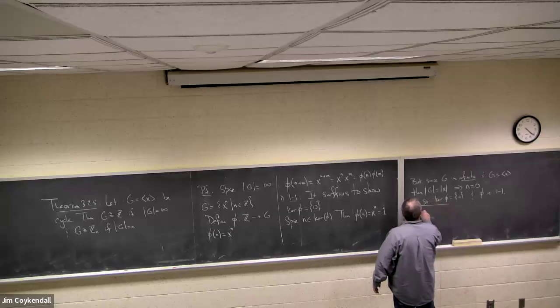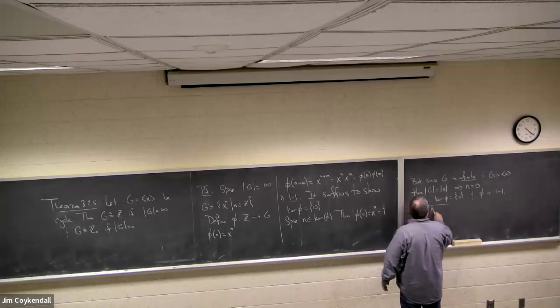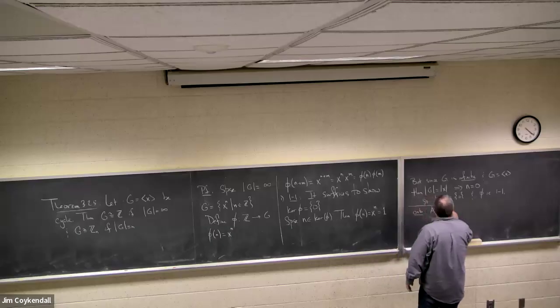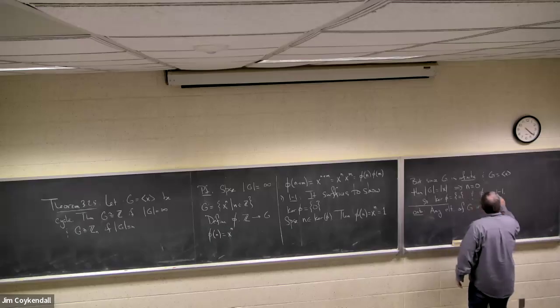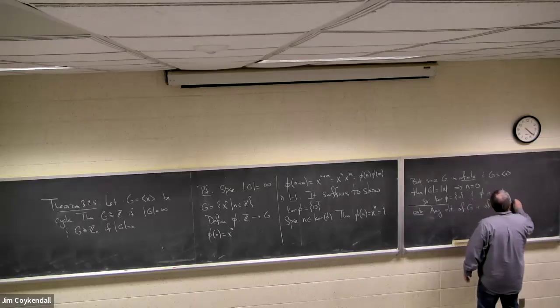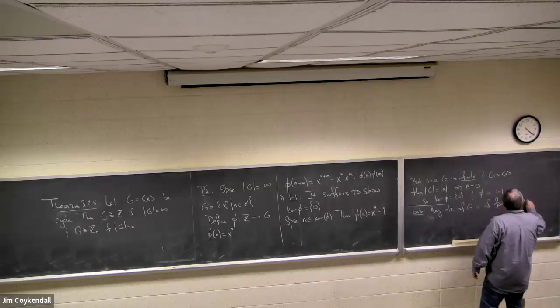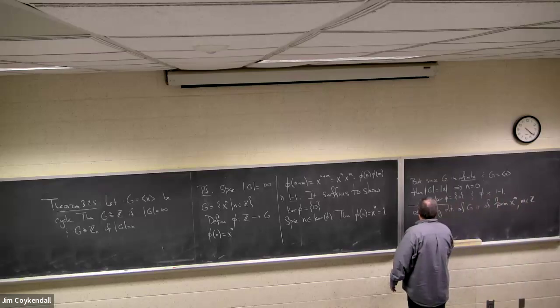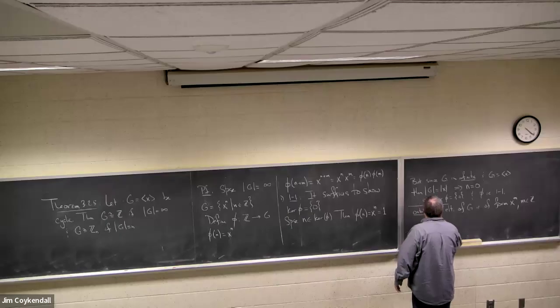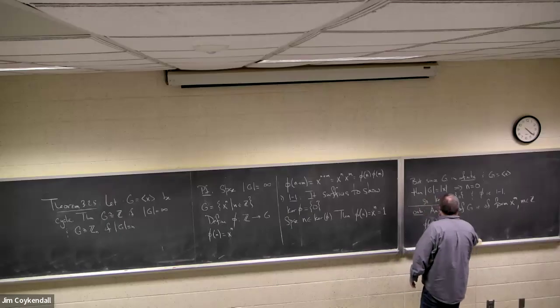It's onto: any element of G is of the form x to the m for some m in Z. Notice that phi of m equals x to the m.